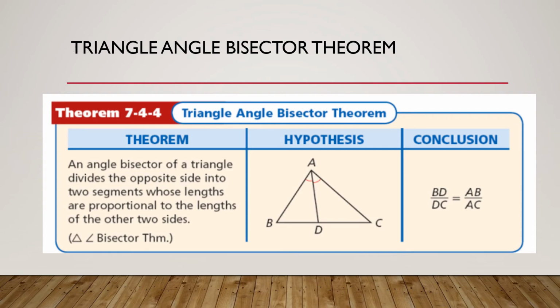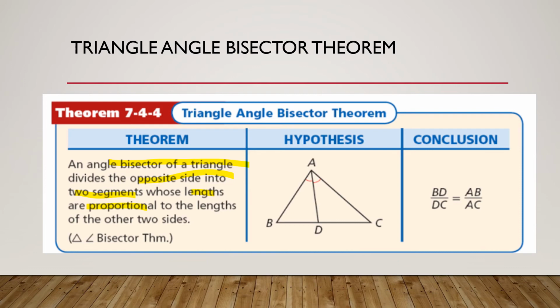Now we're going to talk about the triangle bisector theorem, which says that the angle bisector, and we did this earlier in the year, remember bisector means you're cutting it into 2 equal pieces, divides the opposite side into 2 segments whose lengths are in proportion. So again, it's that idea of cutting it into proportion.